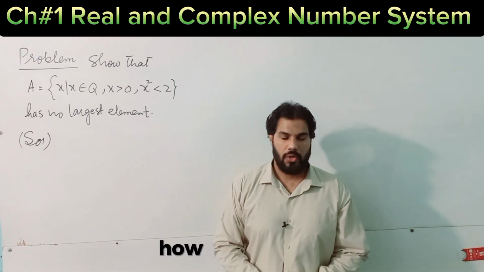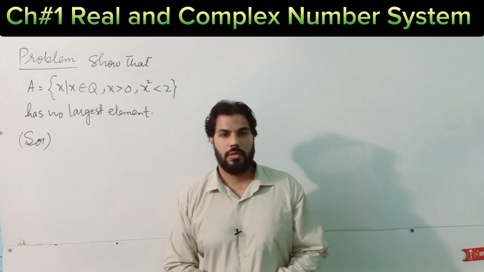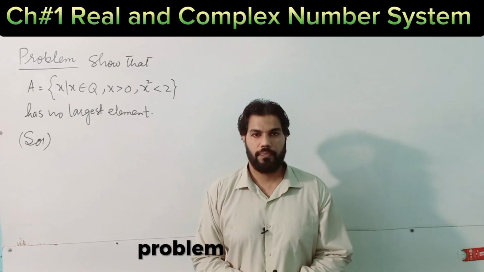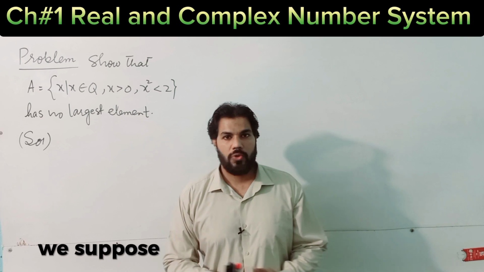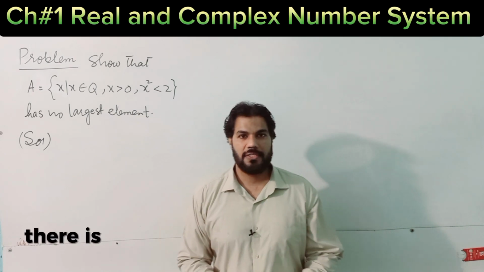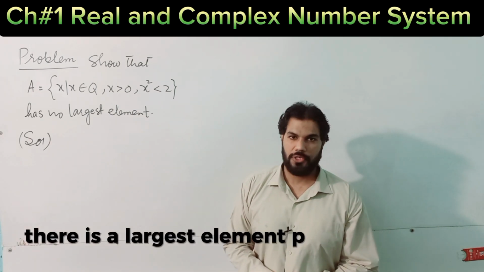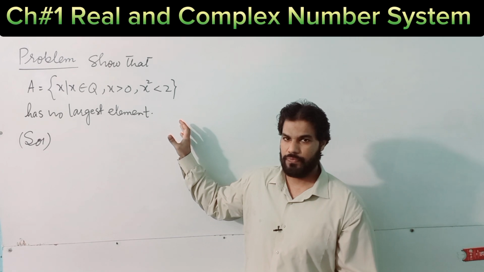How will we prove this problem? We suppose, on the contrary, that there is a largest element P of this set.